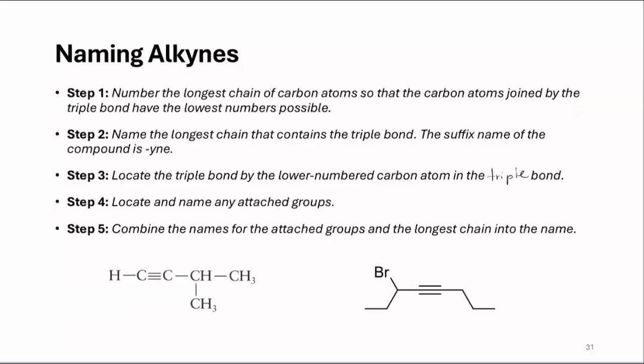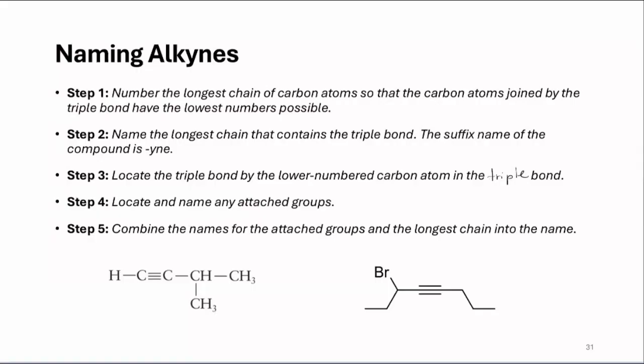When we are naming alkynes, we are going to find the longest continuous chain of carbon atoms that contains the triple bond. We are going to specifically number that longest parent chain, starting from the end that is closest to the triple bond.